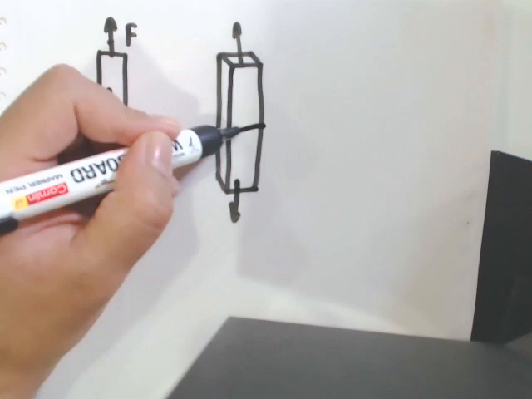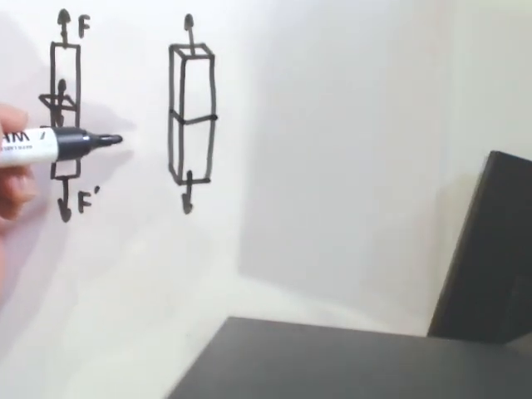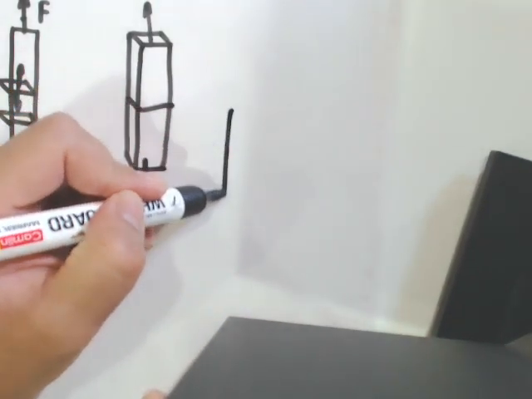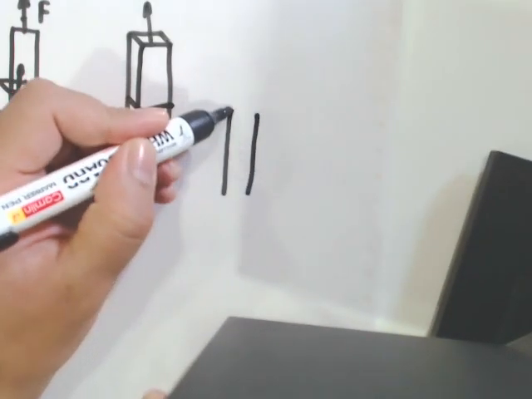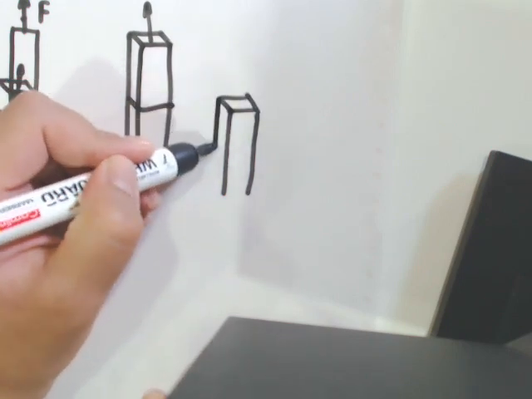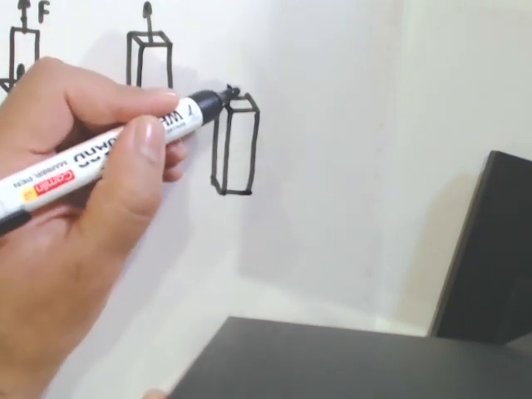Now, like in the previous case, if I take a cross section here and separate it, this is how it should look like. The cross section here would have a uniform stress.